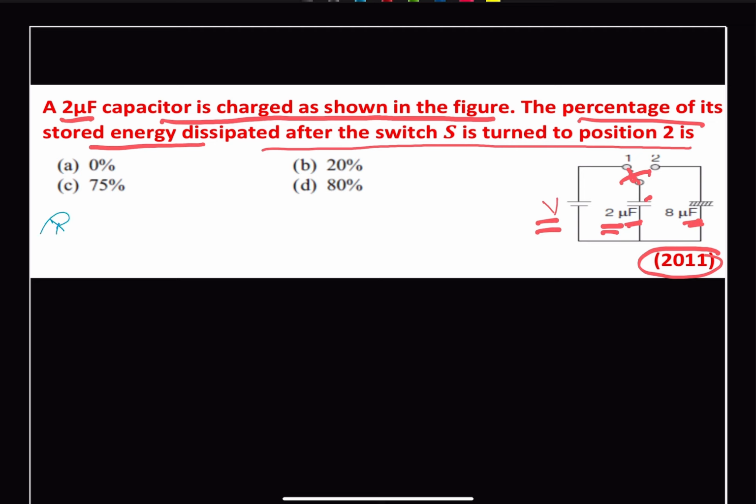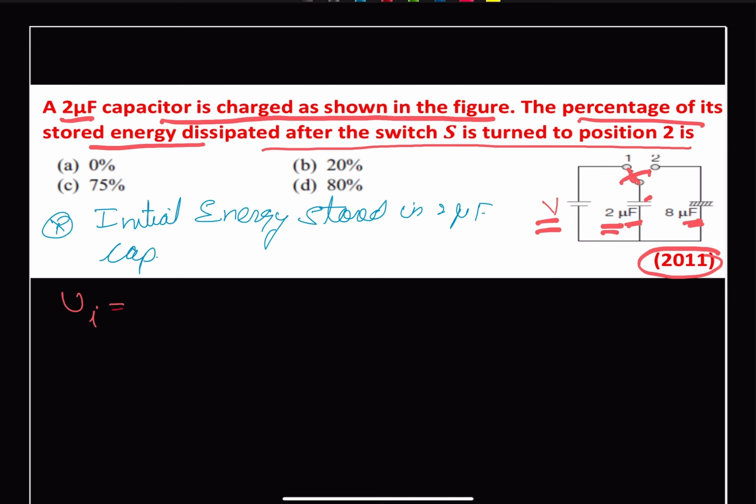So the initial energy stored in the 2 microfarad capacitor, we can call this U of I, which will be equal to half CV square.